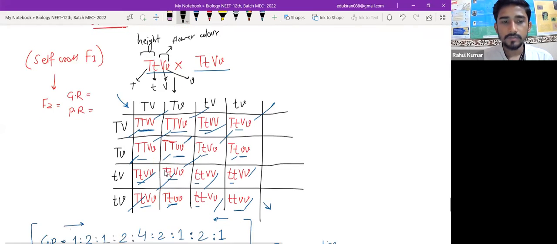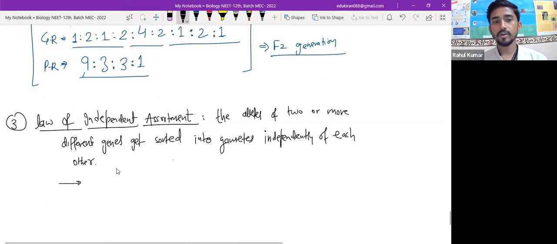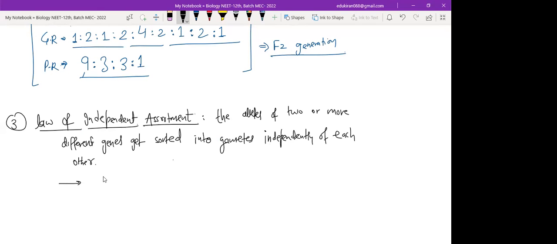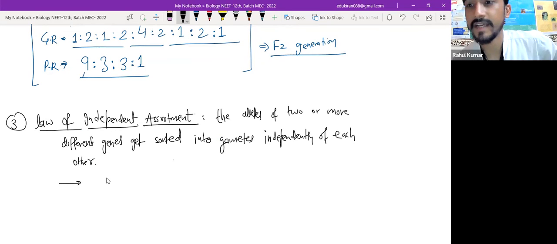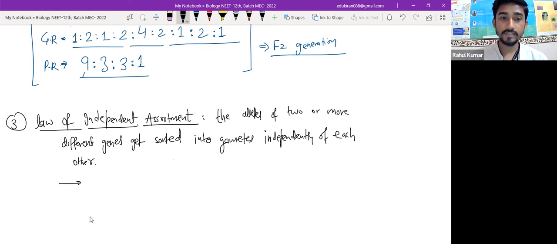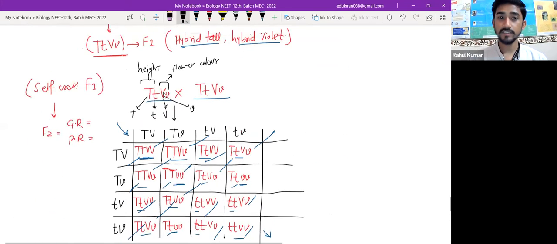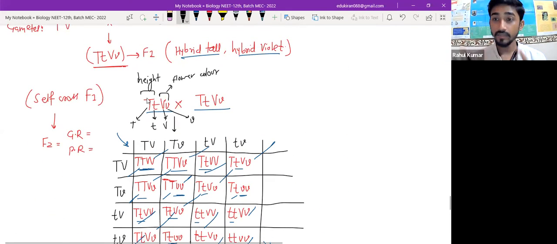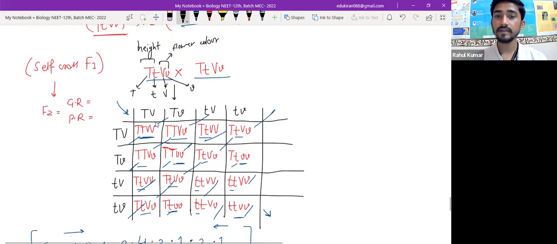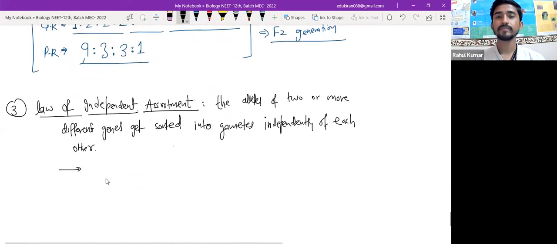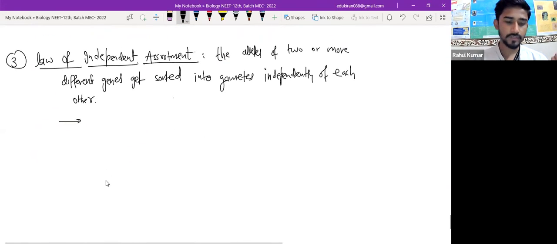Good. So, law of independent assortment, what do you think? Is it a universal law? No, it is not a universal law. It has exceptions because it talks about two genes and their behavior with each other. When Mendel did all these experiments in pea, he was not aware of the fact that genes can be linked.